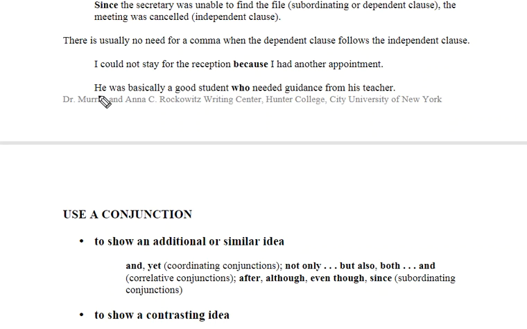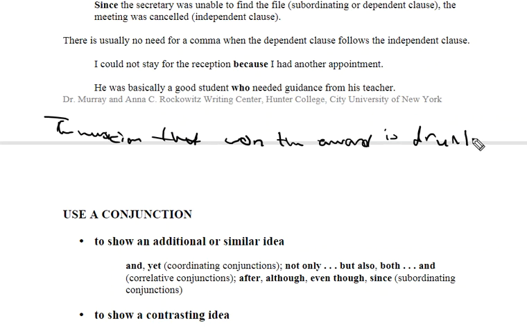The musician that won the award is drunk. The musician that won the award. Okay?